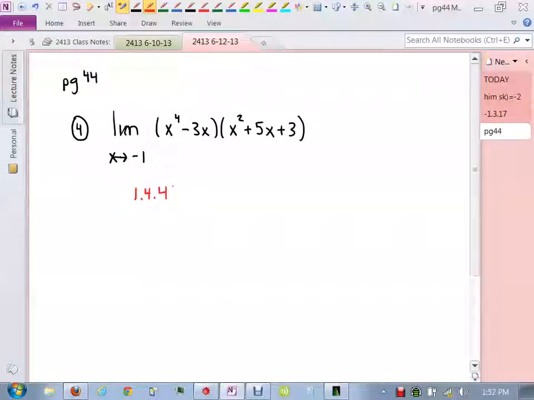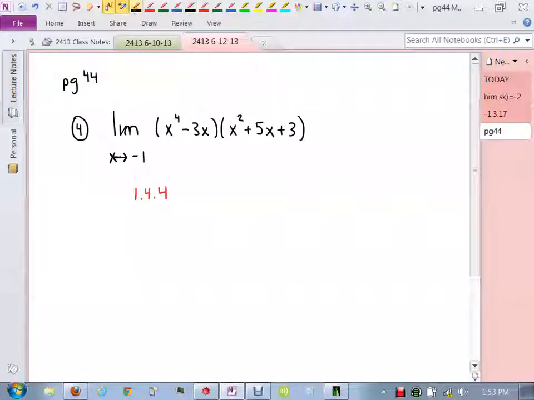It says if your function f is a polynomial function, a rational function, a trig function, an exponential function, or a log function, then as long as a is in the implied domain of f, the limit is just what you get when you plug a in. Direct substitution. So is that a polynomial function? Yes, if you multiply all this out, you get a polynomial, wouldn't you? So I'm going to go ahead and just plug in -1.